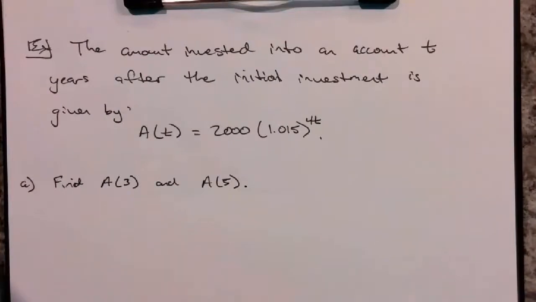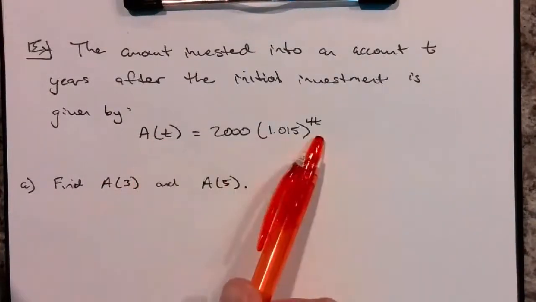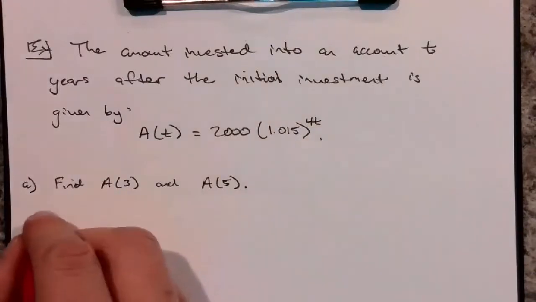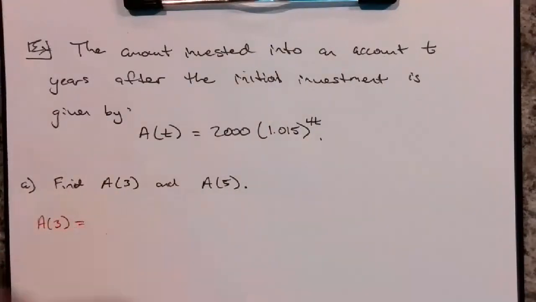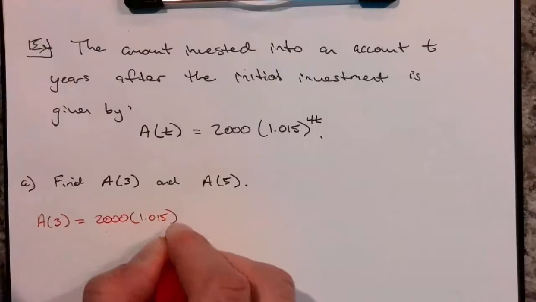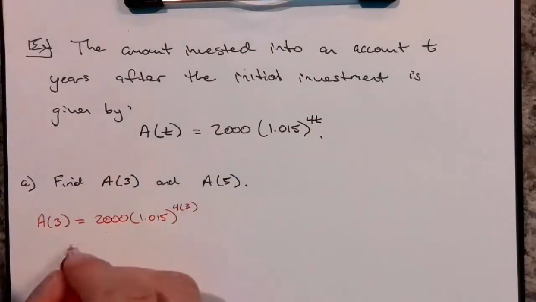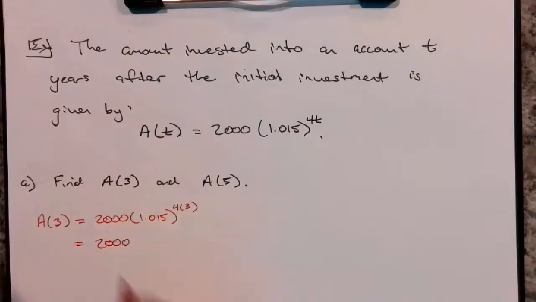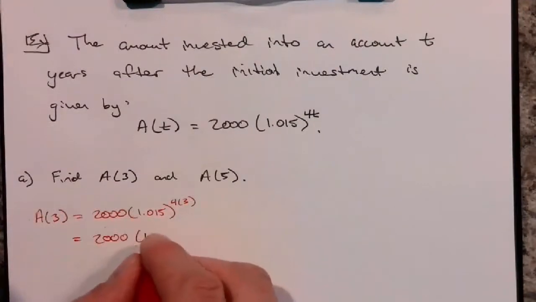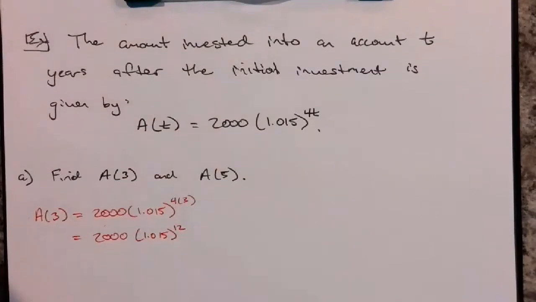Remember what this means. A of 3 means when you put t in as 3, you're substituting t as 3 over here. So we would have A of 3 is equal to 2000 times 1.015 to the 4 times 3 power, which really is the same as saying 2000 times 1.015 to the 12th power.